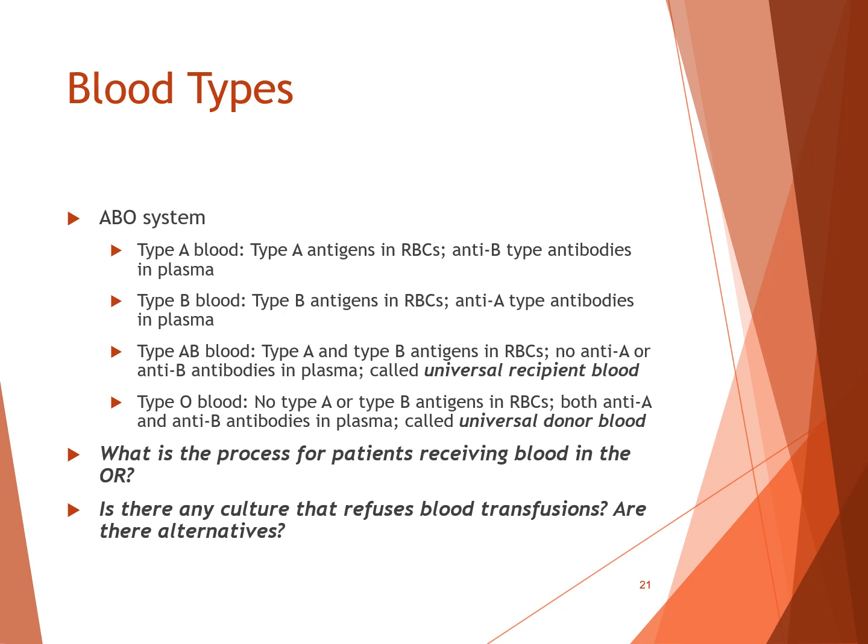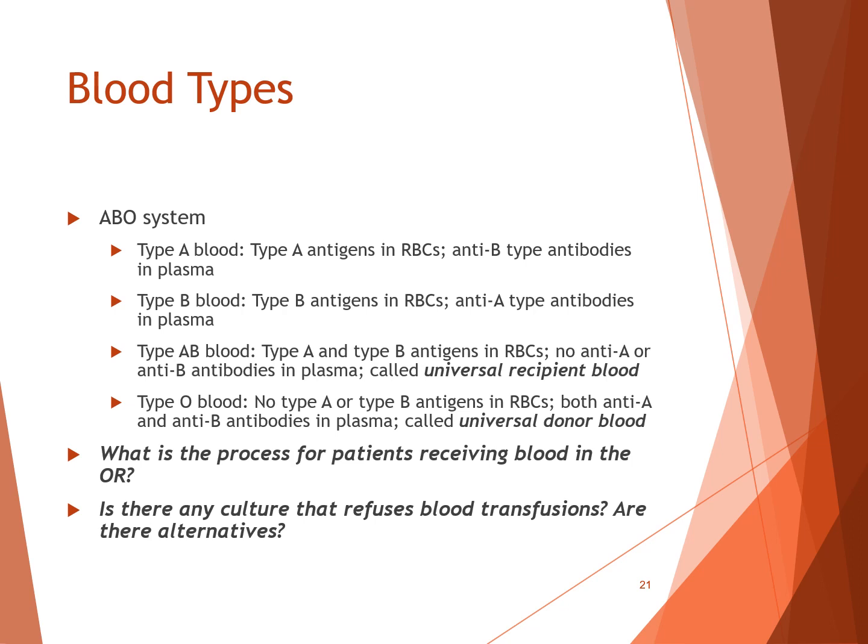Now, remember we talked about antigens and antibodies on the previous slide. So here's where those come into play. When we have a type A blood type, that means that type A antigens are present on the red blood cell.